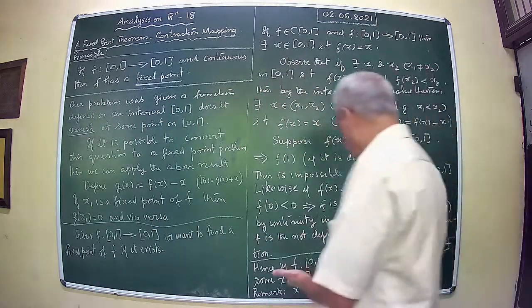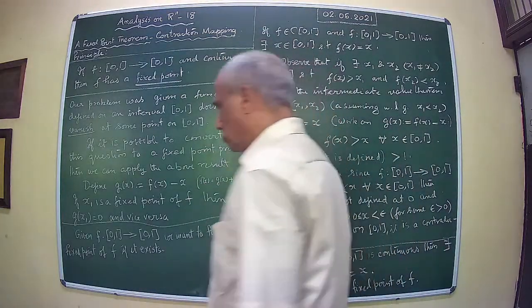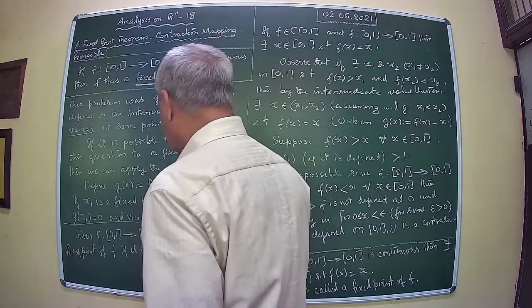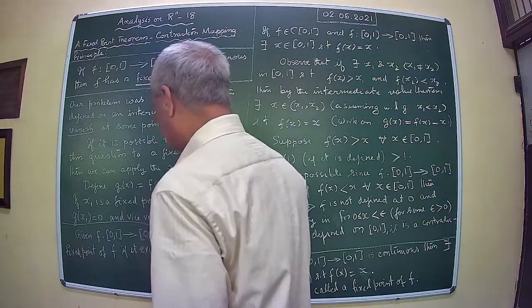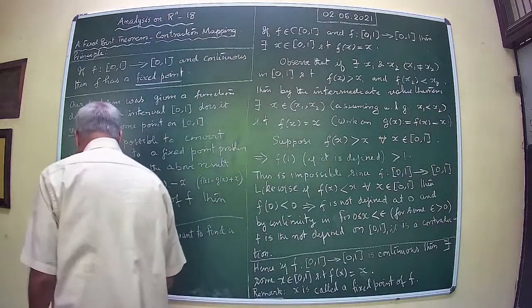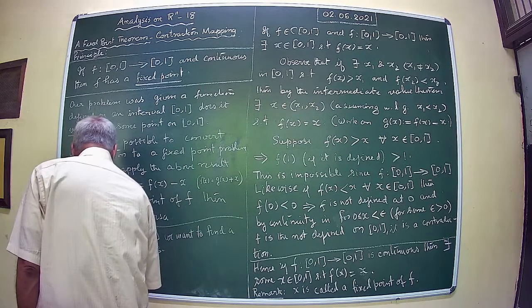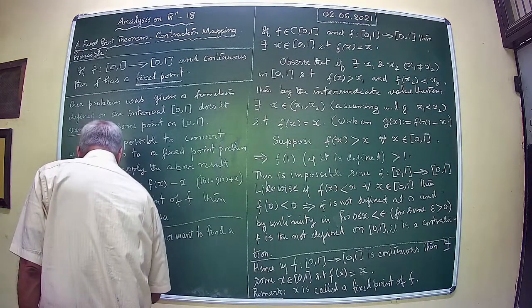Under the conditions we have assumed, it exists. So how to do it? One method is, look at this problem. You have this equation x equal to f(x).